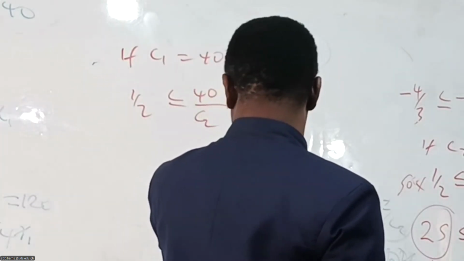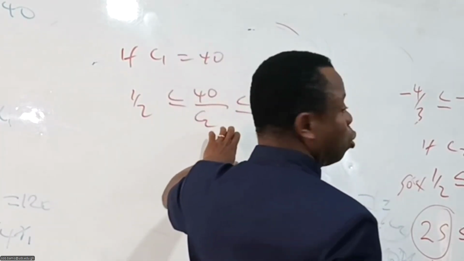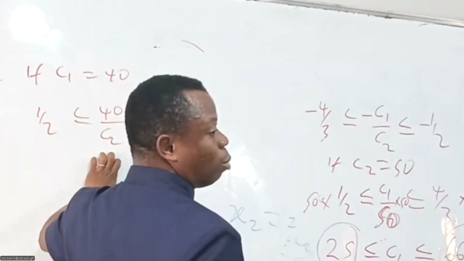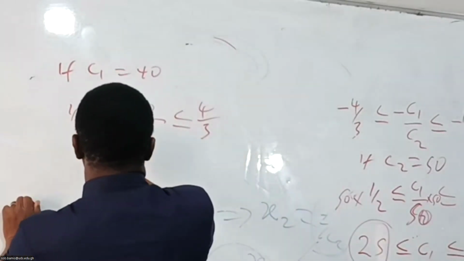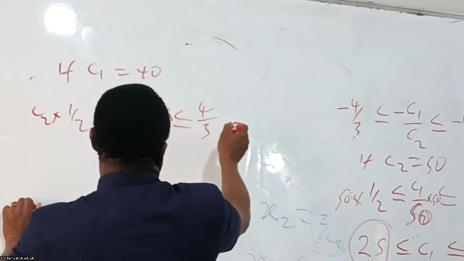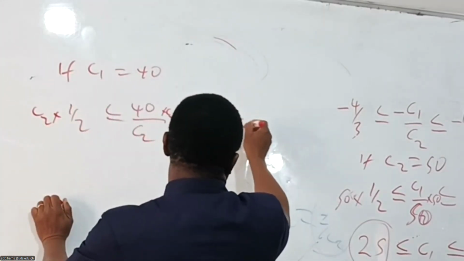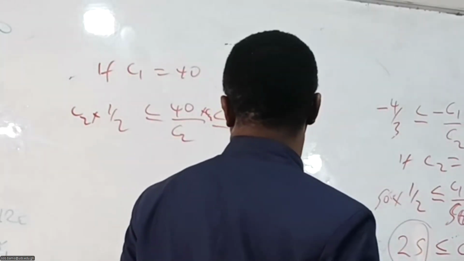So what you now need to do is to make sure that you multiply across. Move this here, this there.